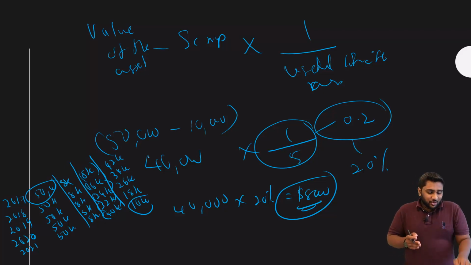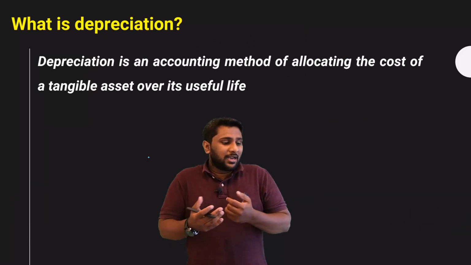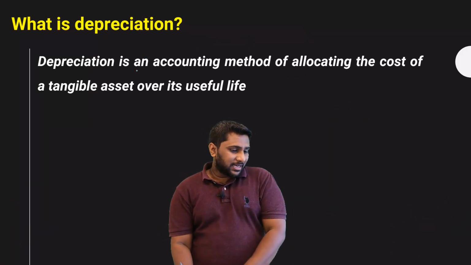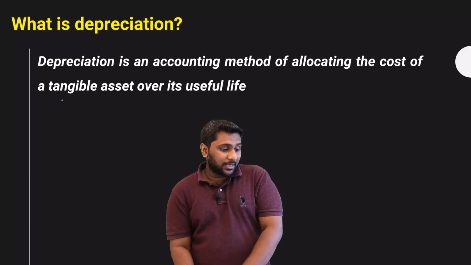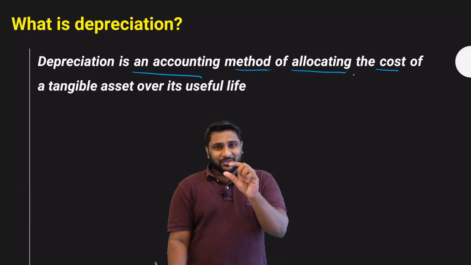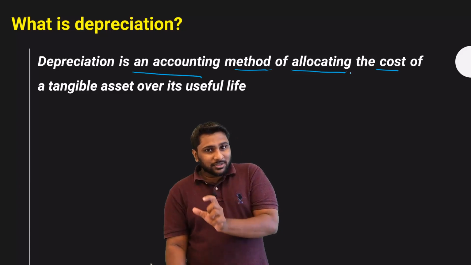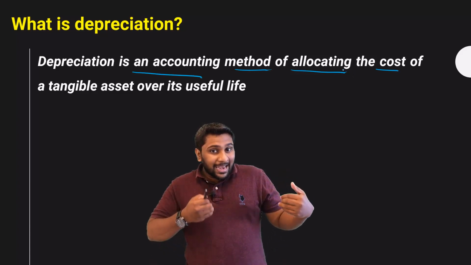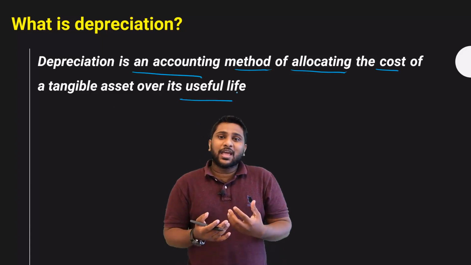So let's see actually what this depreciation is. What's the definition that we have given to depreciation? Depreciation is an accounting method of allocating the cost of a tangible asset over its useful life. Cost of the asset 50,000 was there. So that 50,000, if there is no scrap value, that entire amount can be depreciated. So we will be allocating it over the useful life of the asset.